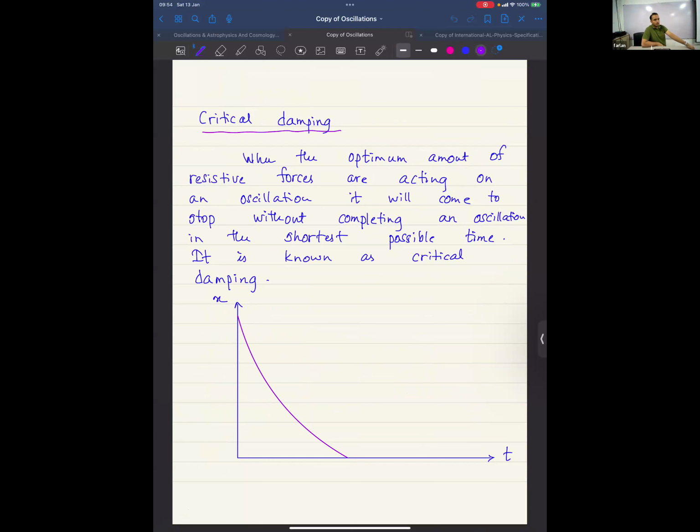So when the optimum amount of resistive forces are acting on the oscillating object, it will come to stop in the shortest possible time, the shortest time in which the oscillation can stop. That damping is what you call critical damping.